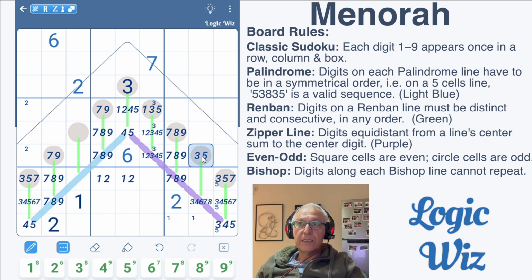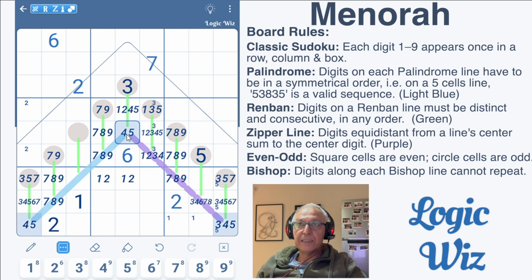Now the question is, can 3 be here? If 3 is here, we would need here a 5, but 5 we already said must be here. This one cannot be 3, it must be a 5. Okay, let's look at the zipper line over here.